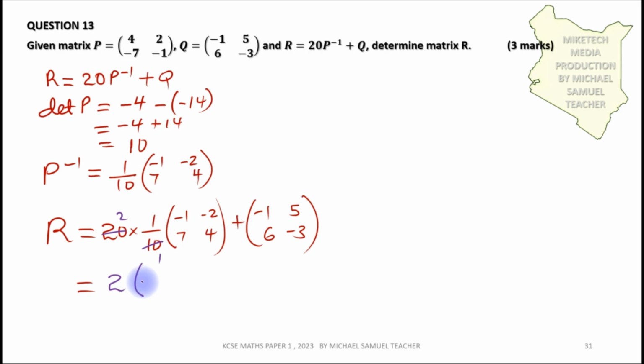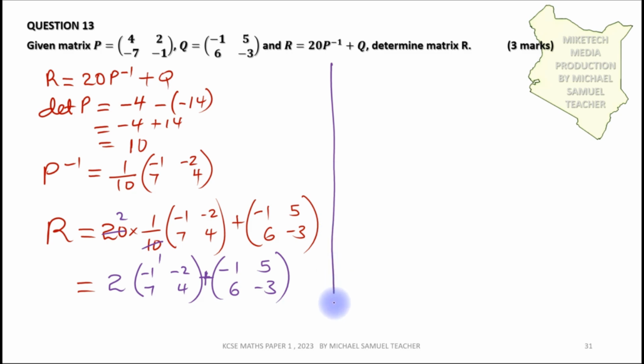Then we have the matrix -1, -2, 7, 4, multiplied by 2, plus -1, 5, 6, -3. So the next step, just open the bracket, is to multiply this scalar times each element in the bracket.